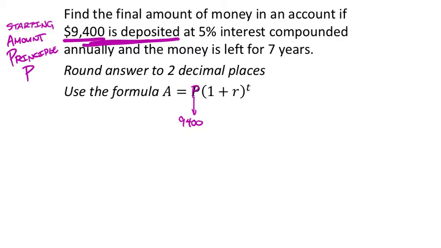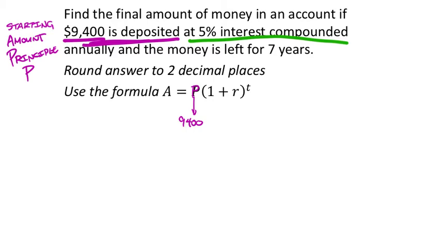All right, so there's that first value. And like I said, you may have to reread these, I don't know, 2 or 3 times, figure out what is what, especially until you get used to what each of the variables represent. Next up, they say it's 5% compounded interest on this one. Okay, so that's interest is the rate on this one.